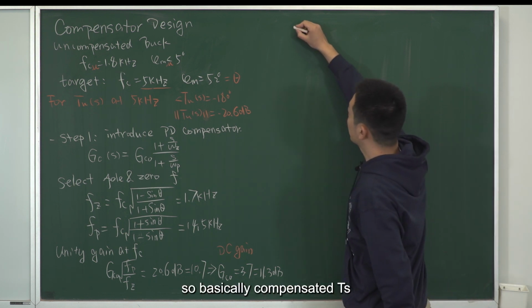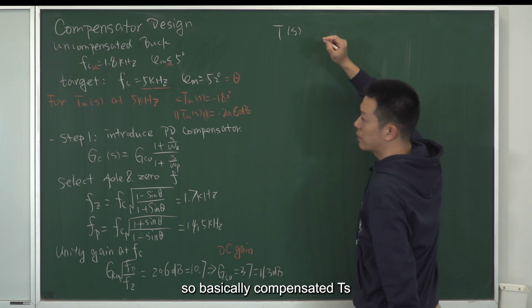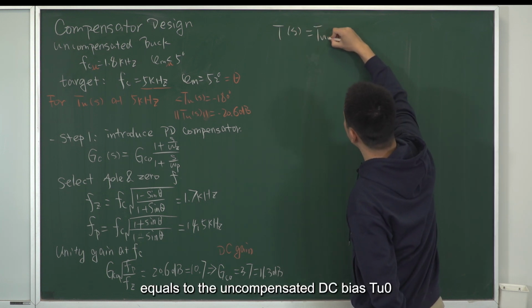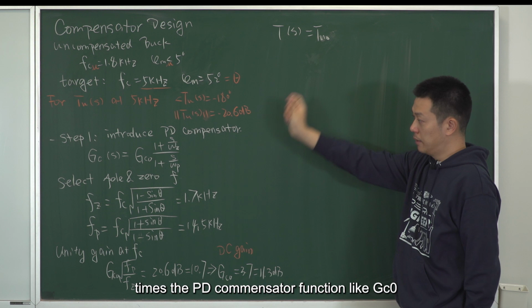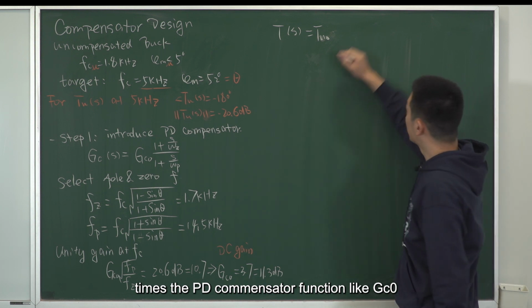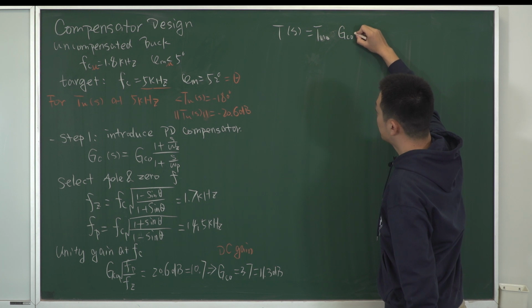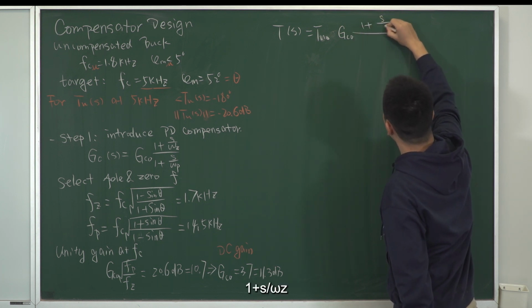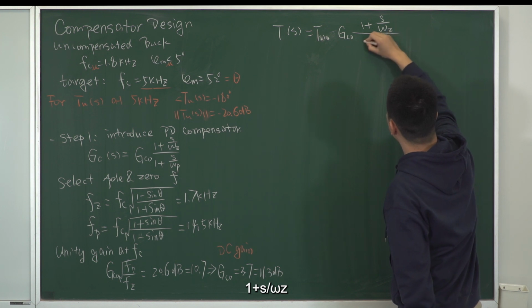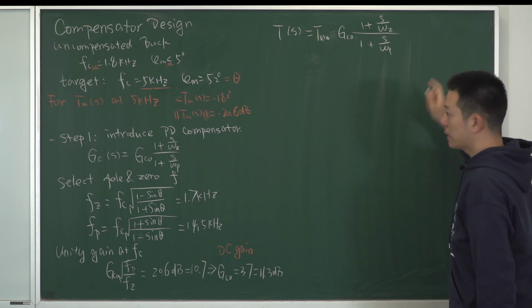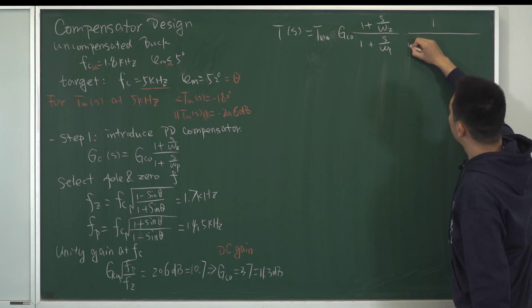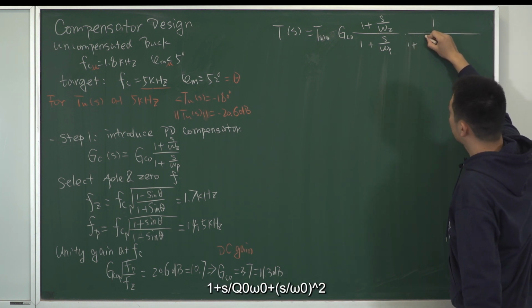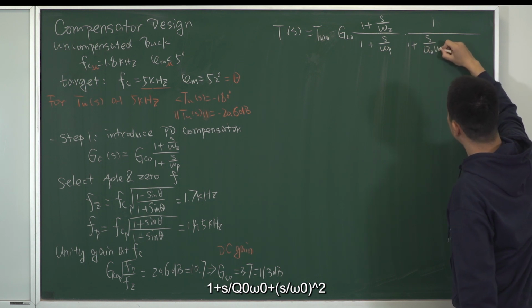Basically, the compensated T(s) equals the uncompensated DC gain TU0 times the PD compensator transfer function, GC0 times 1 plus s over omega Z over 1 plus s over omega P, times the quadratic pole response 1 plus s over Q0 omega 0.